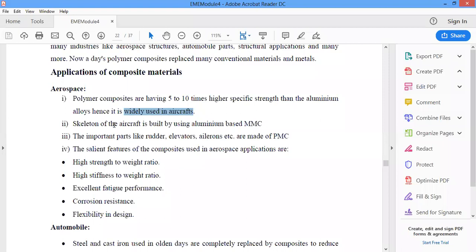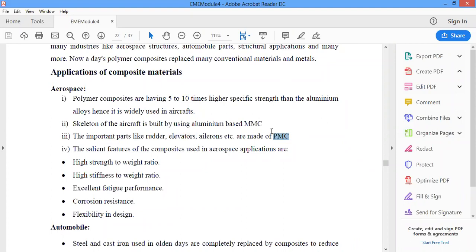The skeleton of aircraft is being built using aluminium based metal matrix composites nowadays. And some of the parts that we see, like the radars, elevators, right? And one more special thing is that the blades of the windmill are also made up of polymer matrix composites only.